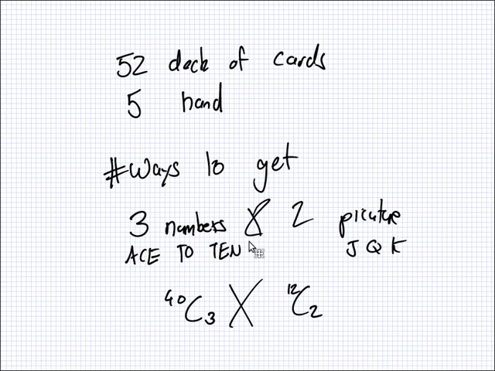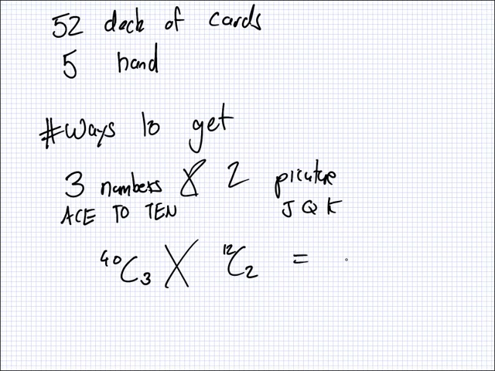Okay, so how many does that work out to be? 652,080. Okay. So about 650,000 ways to do this.